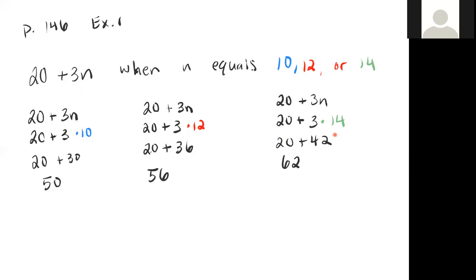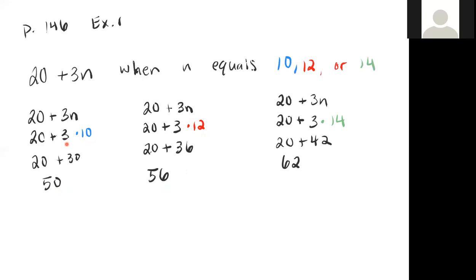So as the number that we're plugging in gets larger, we're seeing how that variable impacts my answer. When the variable was 10, my answer was 15. When the variable was 12, my answer was 56. And when the variable was 14, my answer was 62. So as my variable got larger, my answer also got larger because we were multiplying that variable times 3.